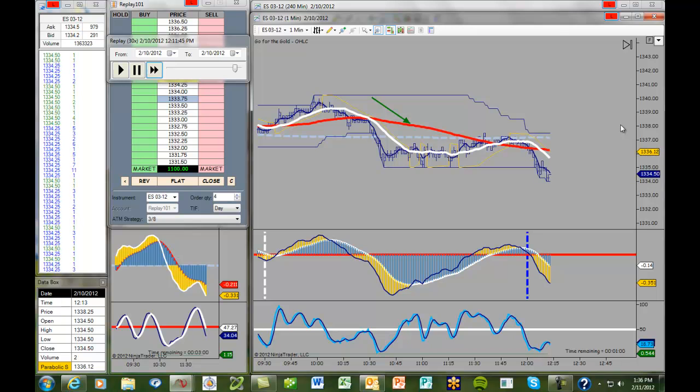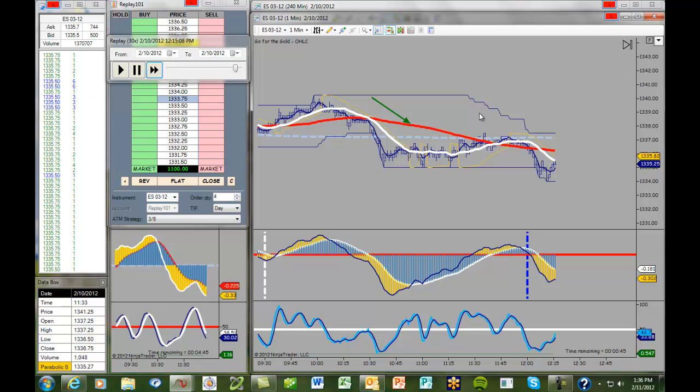Okay, hit the target again. Now we're up to 1100. And it's about 12:15.